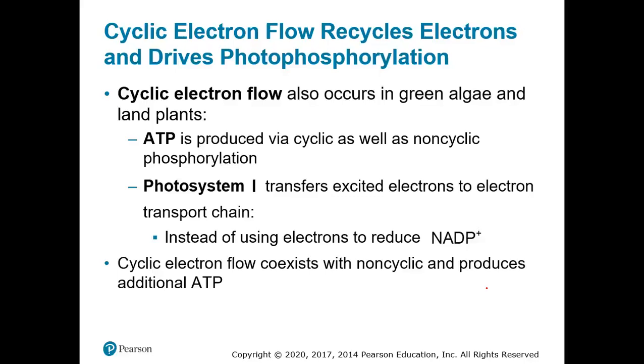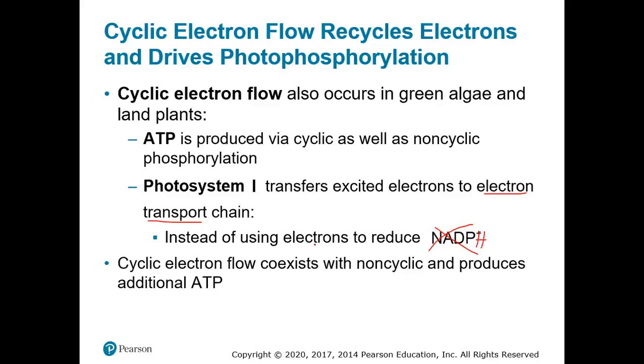Okay, instead of using photosystem 1 to give that electron to ferredoxin, who gives it to our electron carrier, photosystem 1 is going to transfer that electron back to the electron transport chain. Okay, we will not produce any NADPH. It's all about the electron transport chain.